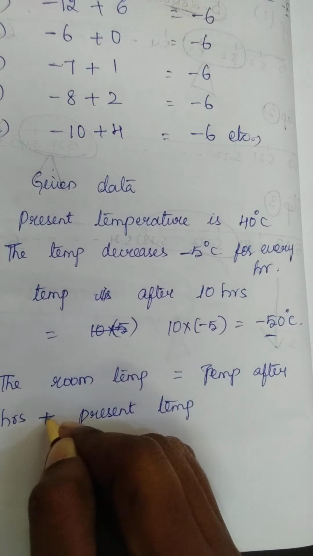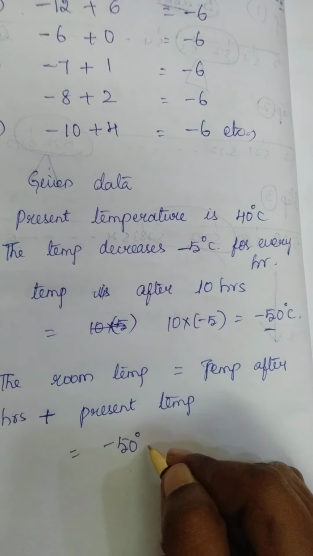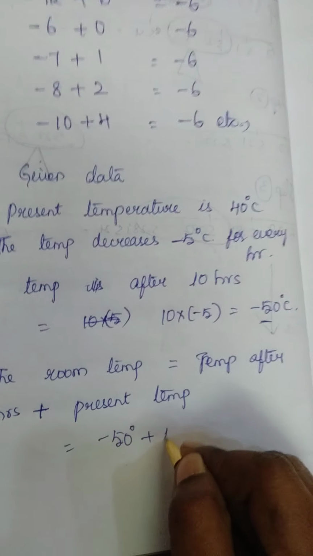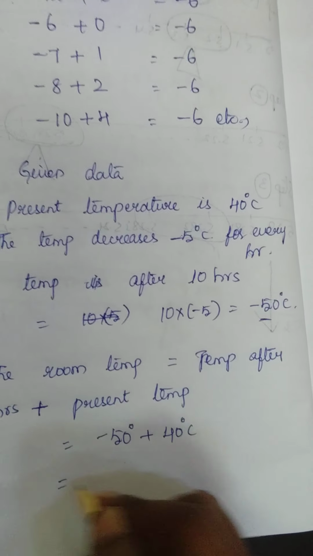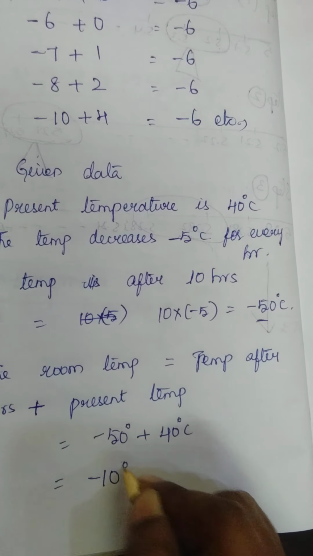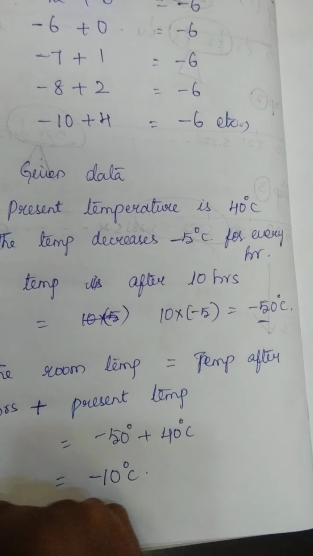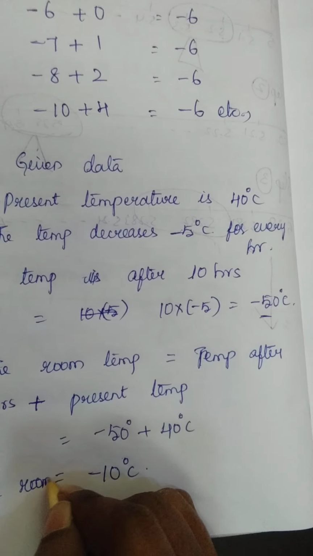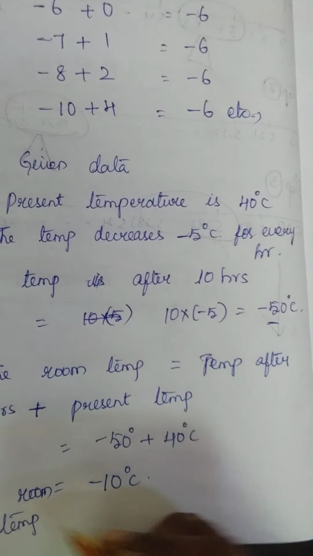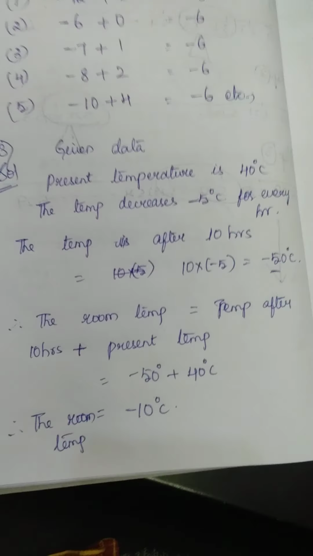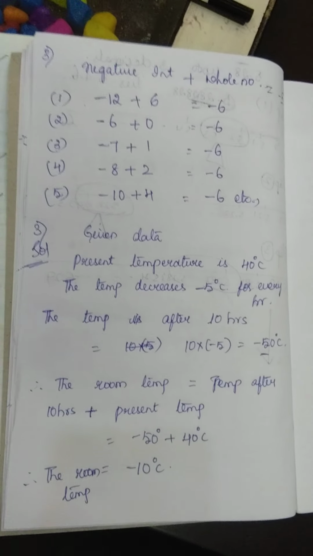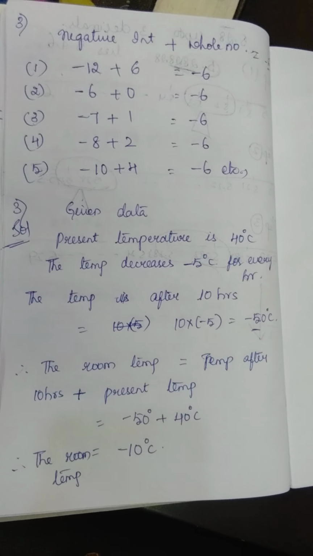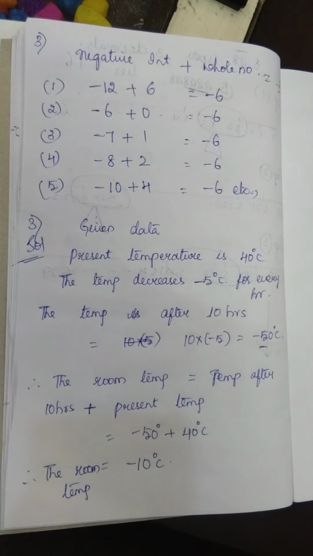Then you have to add the present temperature, which is 40 degrees centigrade. What is the answer? Minus 10 degrees centigrade. Therefore the room temperature is equal to minus 10 degrees centigrade. This is your solution of the third question. Clear? Good.